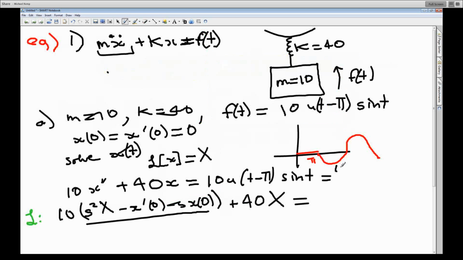So I'm going to have to write it as t minus pi to get the right thing happening. But I can't do that willy-nilly. If we're going to subtract pi, I'm going to have to add pi to balance it out.